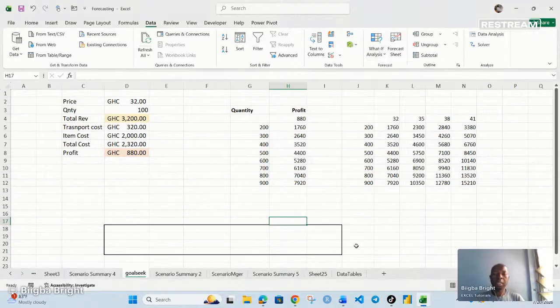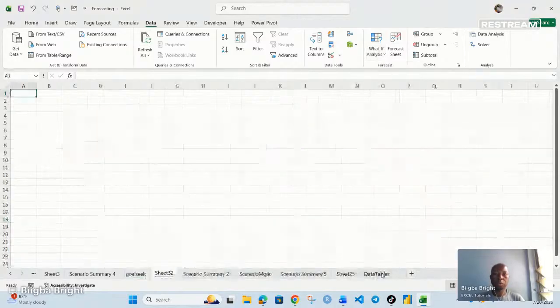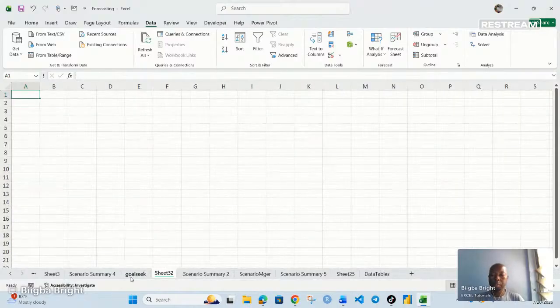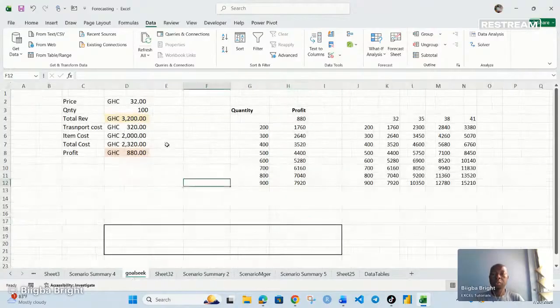So let's try. Maybe I just want to go to a new sheet and put something here. Or maybe for the sake of time, let me explain. I have prices on top here.